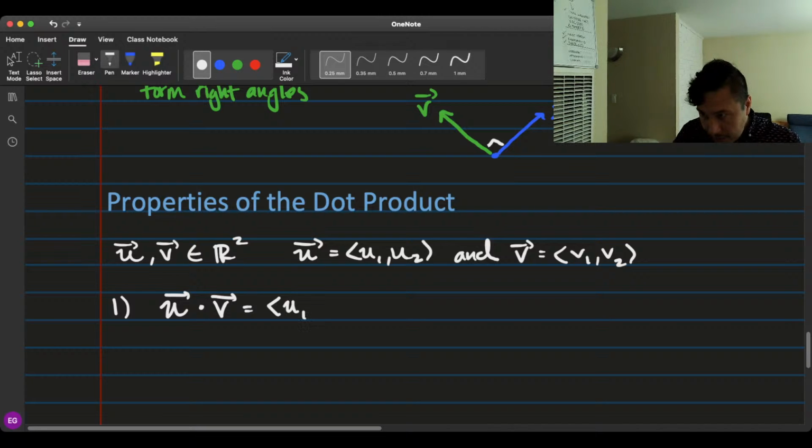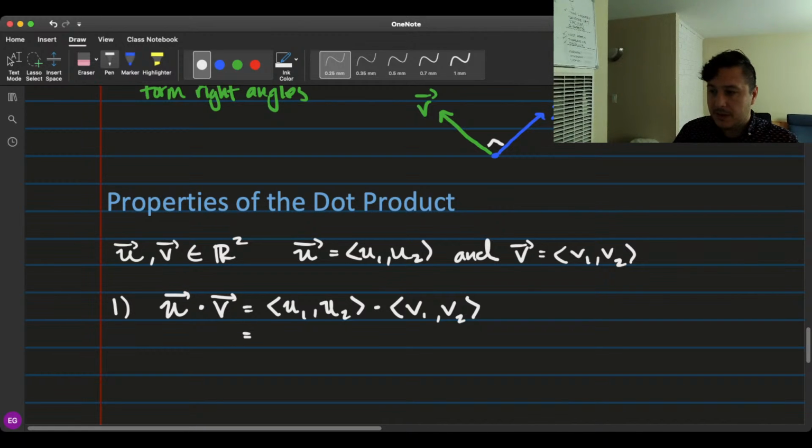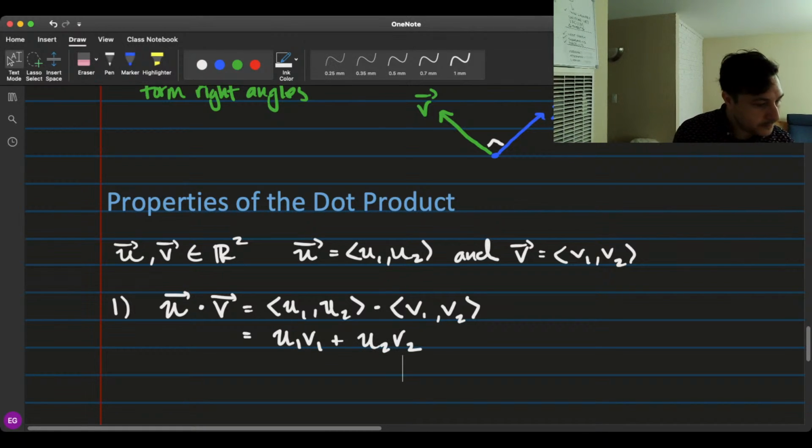That's u1, u2 dotted with v1, v2, which is u1 v1 plus u2 v2.